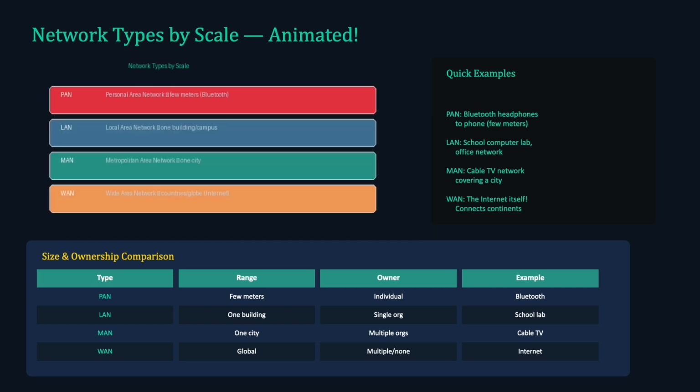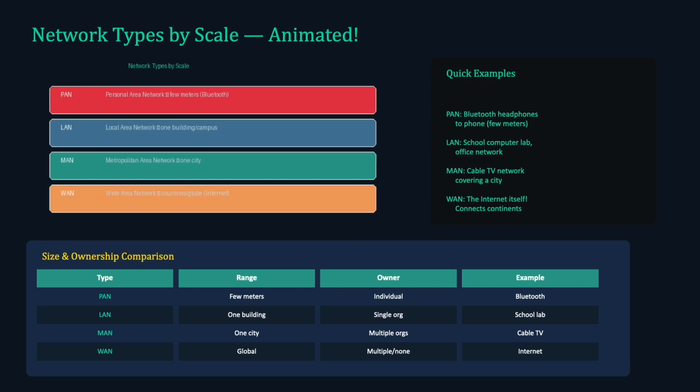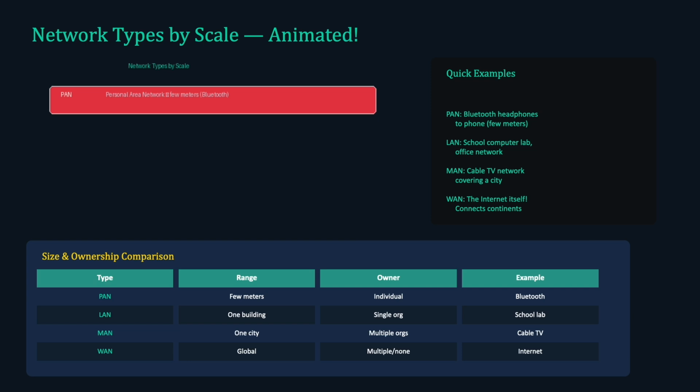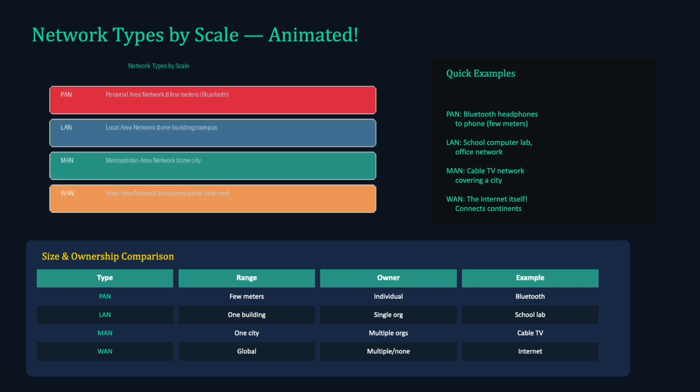MAN, Metropolitan Area Network, covers one city, like a cable TV network. WAN, Wide Area Network, covers countries or the entire globe. The internet itself is the biggest WAN. Remember the size order: PAN is smallest, WAN is largest.